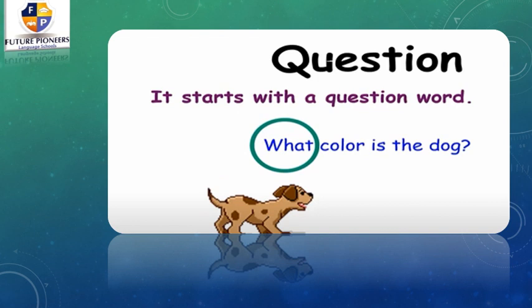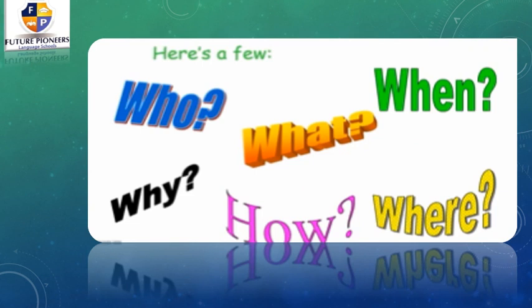The questions start with a question word. What? What color is the dog? So, questions begin with a question word, just like what. Can you tell me what is a question word? Here are a few. Who? Who did this, for example? What? What are you doing, guys? Why? Why are you doing so? How? How did you do it? Where? Where did you go last night?